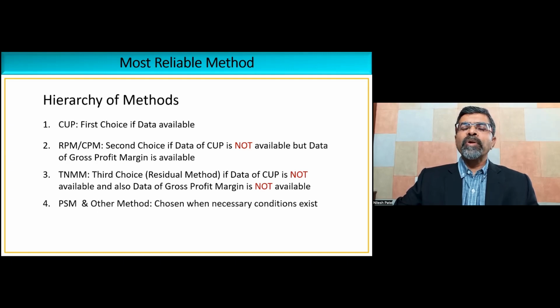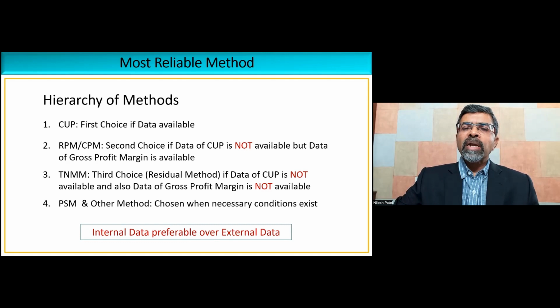After that, profit split method can be applied in special circumstances like highly integrated transactions, or where both the related parties make valuable contributions to the transaction, etc. And other method, as I discussed earlier, can be applied in certain other uncommon transactions.